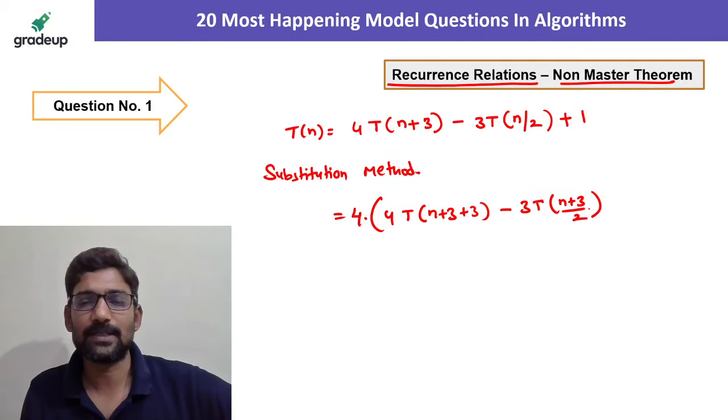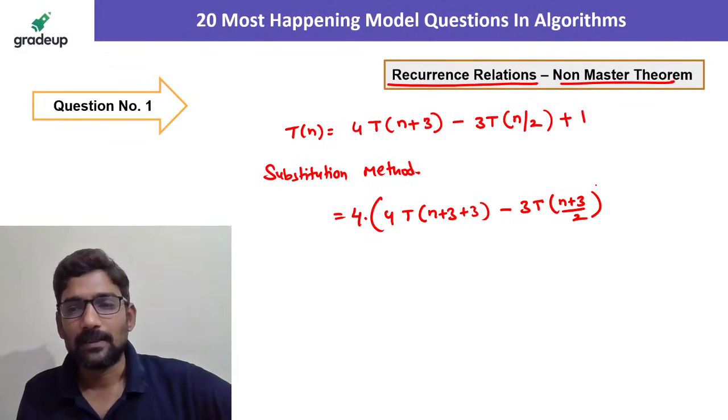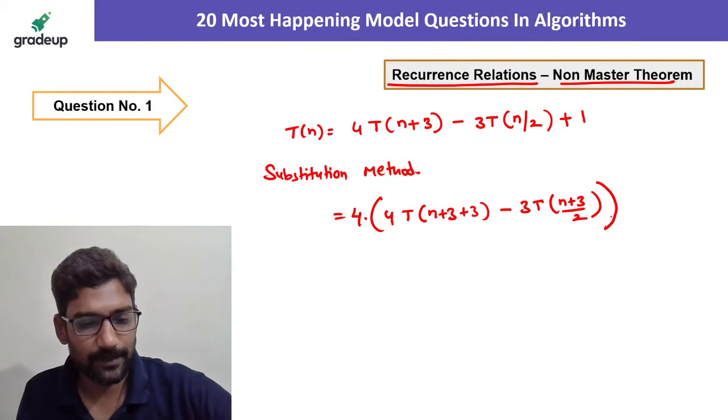Maybe this is very complex, but still I am trying to give you the model. This is plus 1.